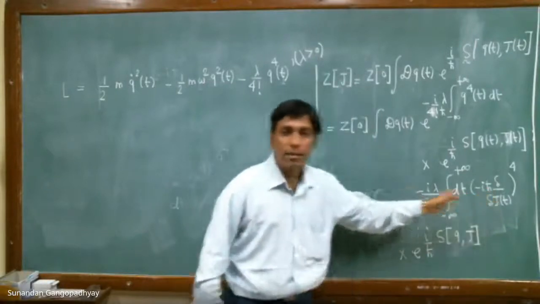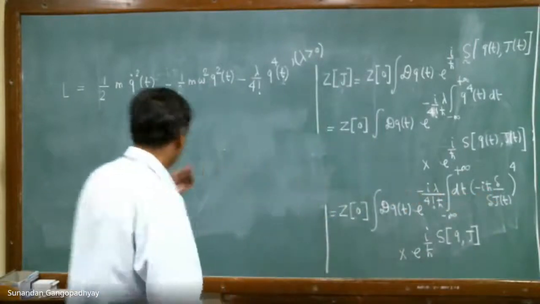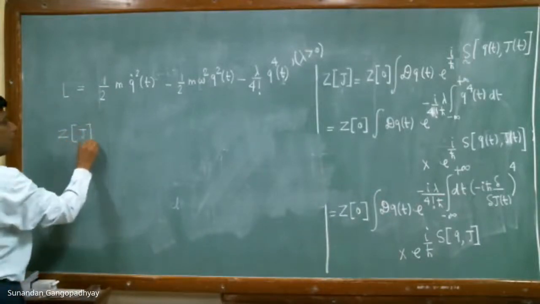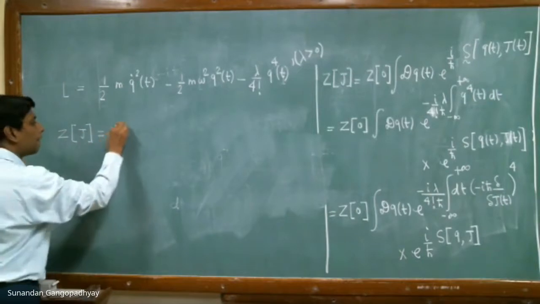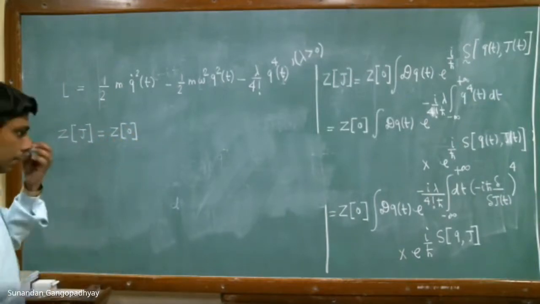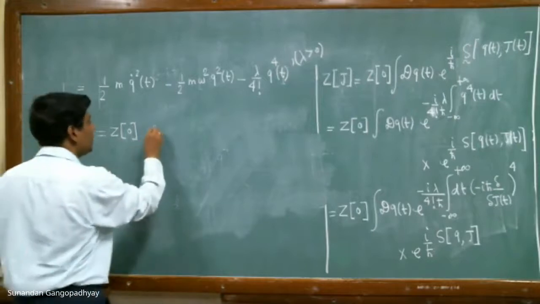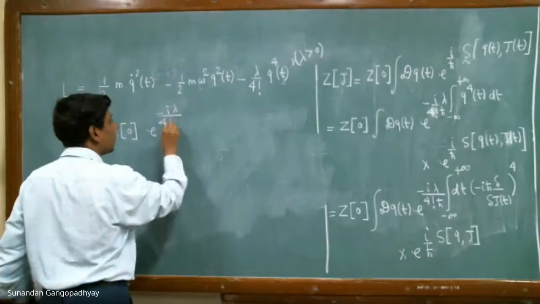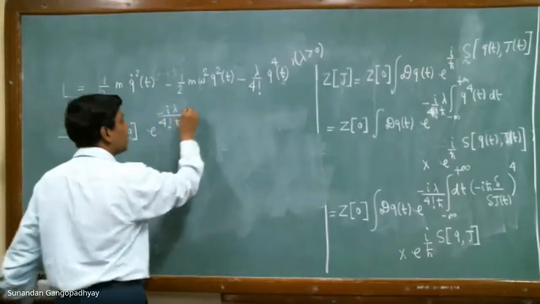So you can take this thing outside the integral, and therefore you can write Z[J] as Z0, and this will be e to the power of minus i lambda by 4 factorial h bar.